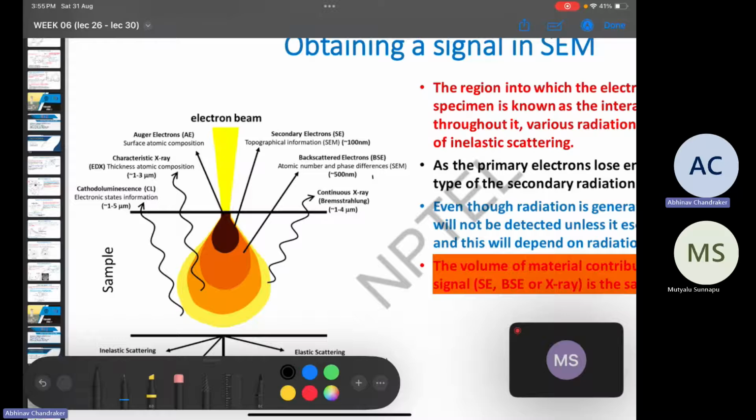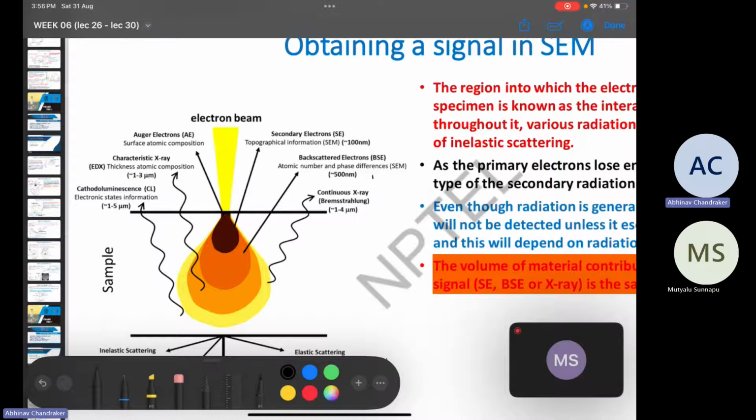Also, we have something called continuous X-rays, which is also called Bremsstrahlung, and this is due to the deceleration of the primary electron beam as it interacts with the electrons and the nucleus of the atom.